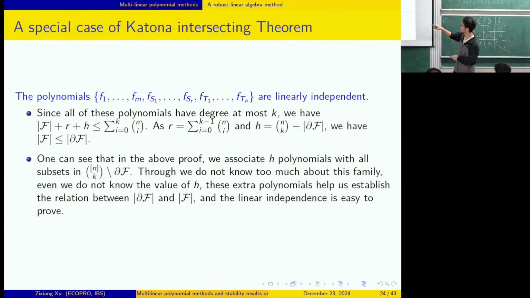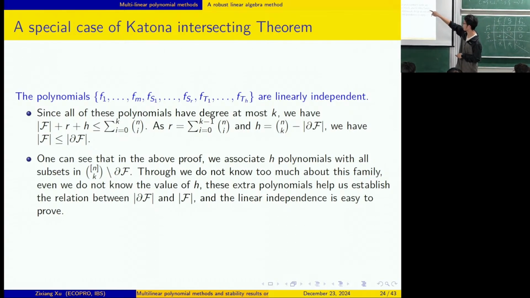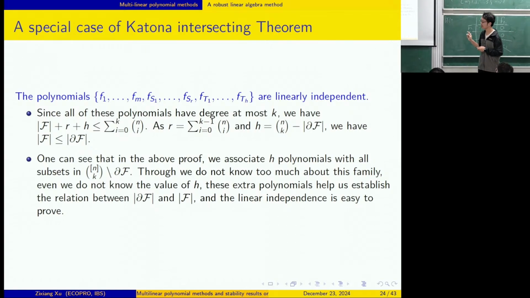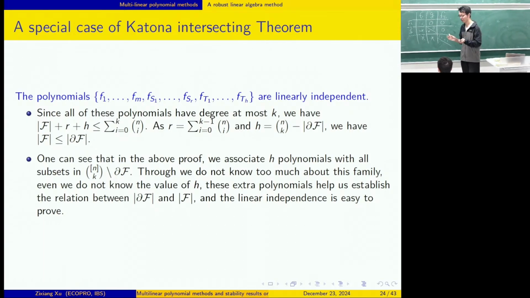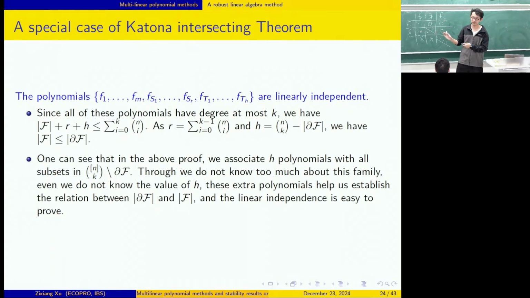So the difference is n choose k, minus the size of the shadow, which is the size of the non-shadow. So then we are done. In this case, we do not know anything about the non-shadow, but we can prove this statement.